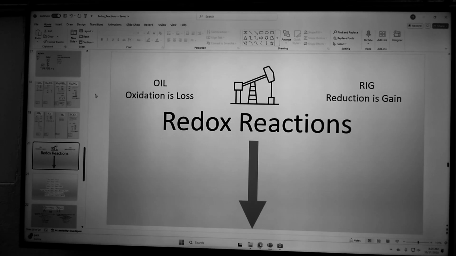All right. Your book mentions this mnemonic called OIL RIG. So RIG means reduction is gain, that's gain of electrons.